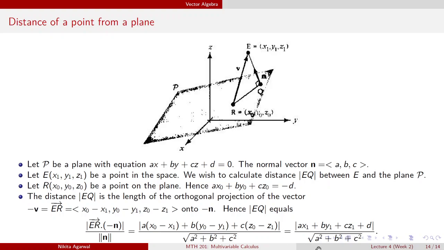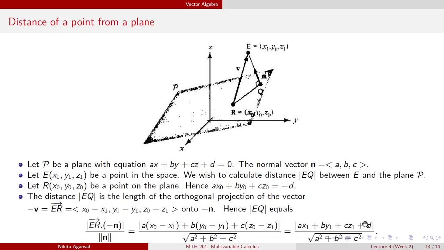So what is the distance of point E from the plane whose equation is given by this? It's nothing but this quantity. So it's very easy to remember. Let me explain how. You look at the equation, you substitute the point E. That's your numerator: ax1 plus by1 plus cz1 plus d in modulus, because you are looking at distance, so it has to be positive.